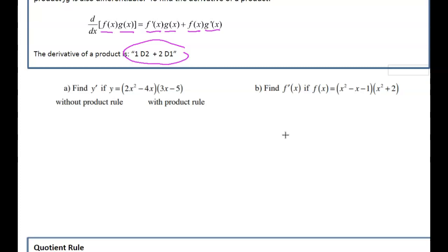Let's say I was doing my first function on part A without a product rule. In order to do that, we're actually going to have to clean up the original. So we would multiply, and we get 6x cubed minus 10x squared minus 12x squared plus 20x. And then I would combine like terms because that makes your derivative easier.